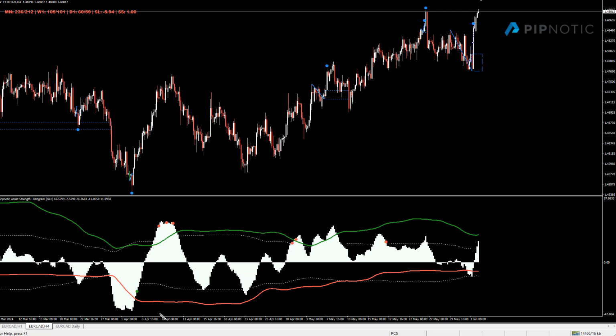Okay, and most times what we're looking for is a smoothed out histogram. So we're looking for prices to go up and then begin to turn around, or down and begin to turn higher like that.